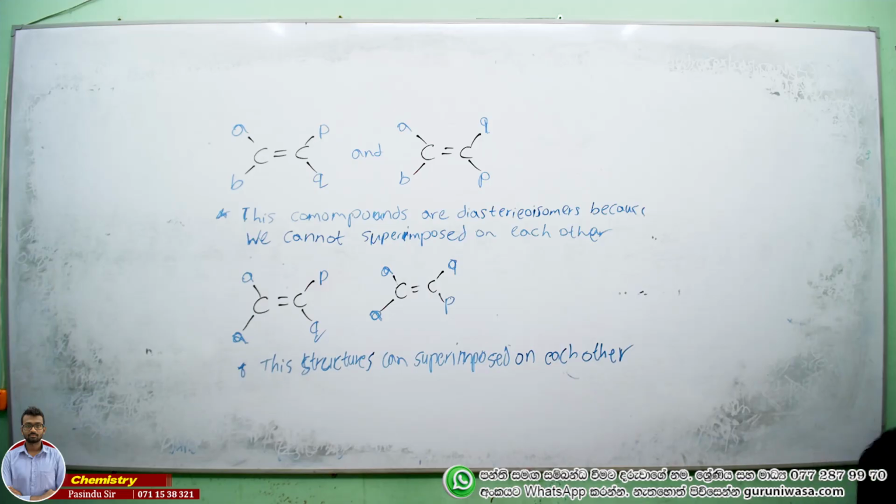This pi bond prevents free rotation. So the atoms around the C=C double bond stay in one plane.